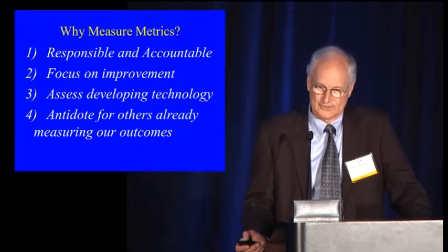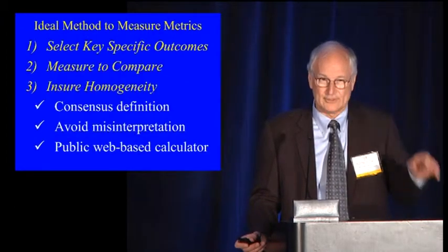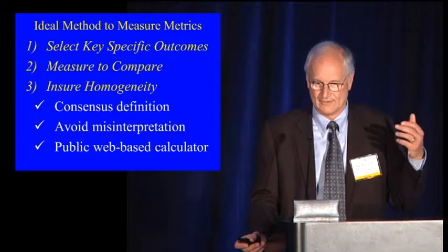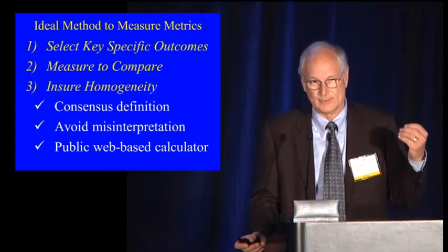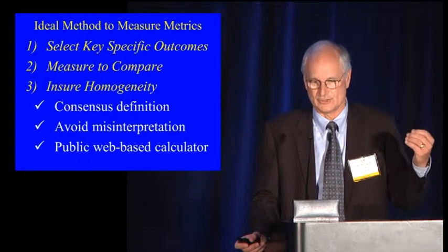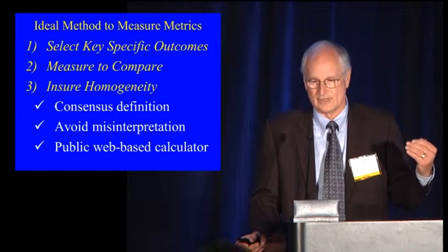So let's talk about assessing developing technology. The ideal method to measure metrics, particularly for the Whipple operation, is to select key specific outcomes that apply to a specific procedure. Then one is able to measure and compare those pre-selected outcomes.